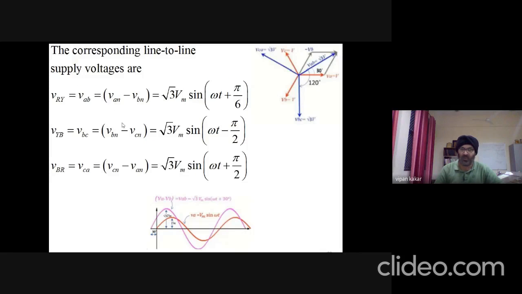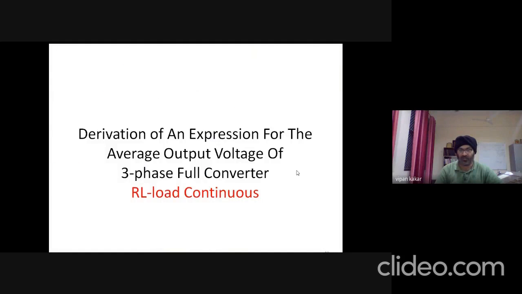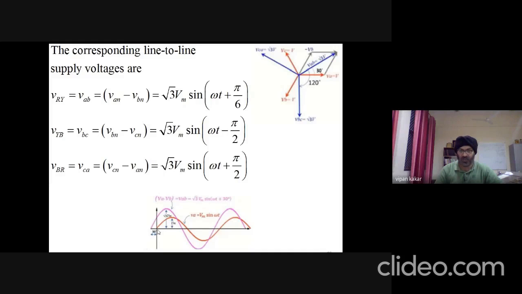So all the line-to-line voltages are now √3 times of the phase voltage shifted by 30 degrees. As we can see from here also, shifted by 30 degrees, and the magnitude is √3 times of the phase voltage.